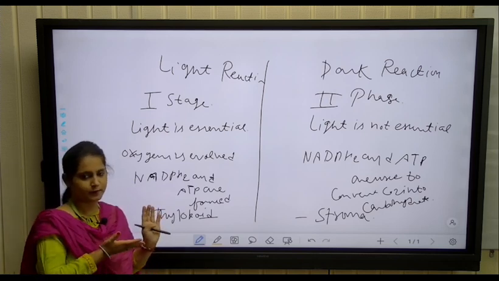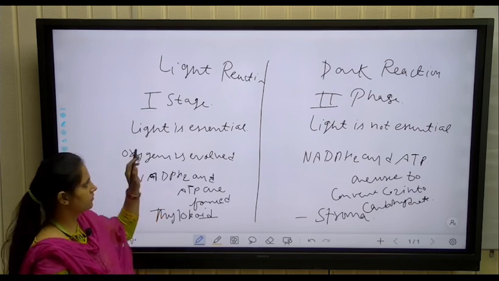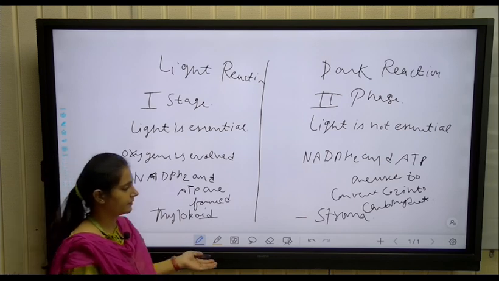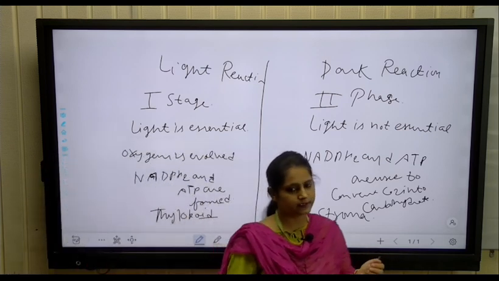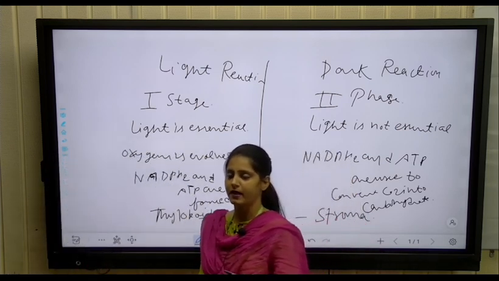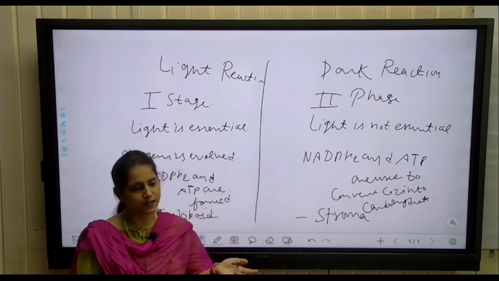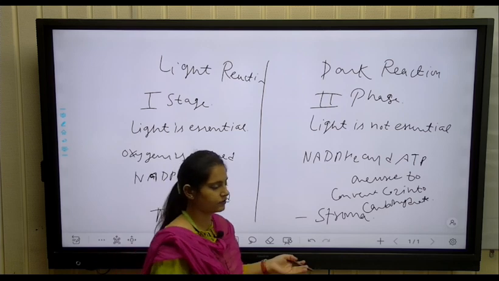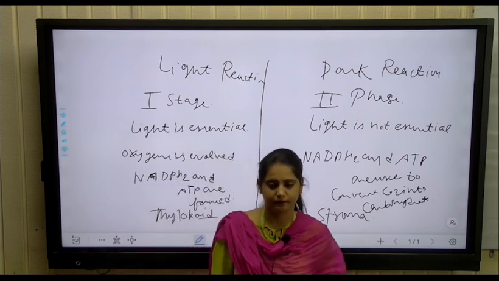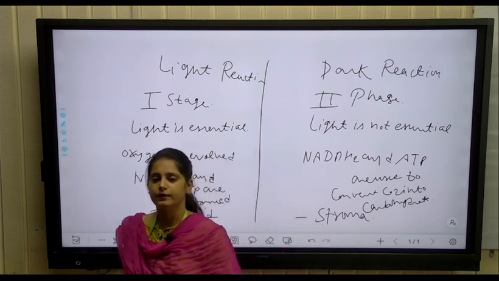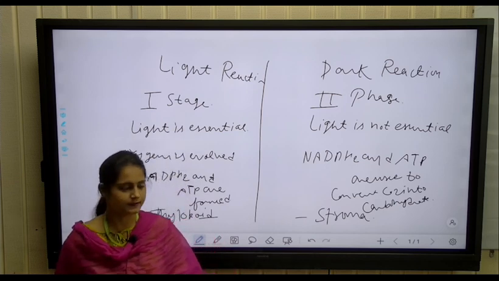We can also explain with the diagram, and we can also do the differentiation like this. In later lectures we will discuss the complete mechanism, like how these reactions actually take place step by step, and what the C3 cycle, C4 cycle and electron transport system are, which are all involved in the process of photosynthesis. Thank you.